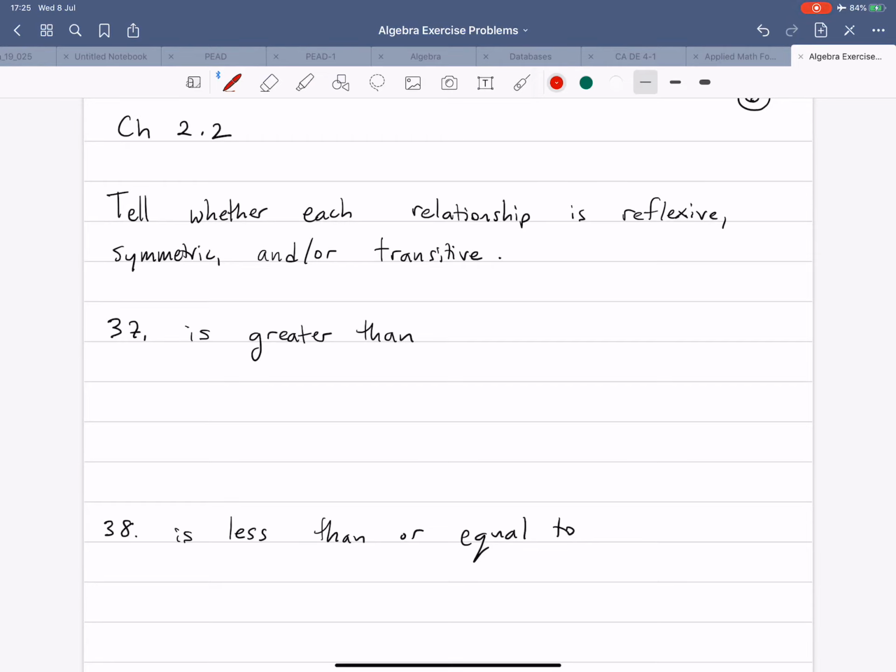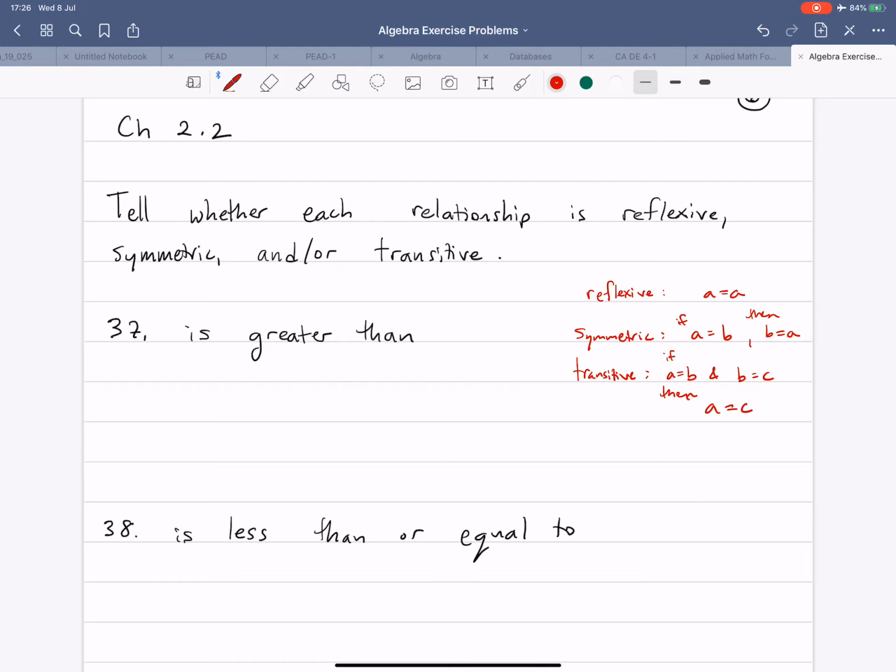Remember that reflexive is A equals A. Symmetric is, if A equals B, then B equals A. Transitive is if A equals B and B equals C, then A equals C. Okay, now I'm going to do 37 here.